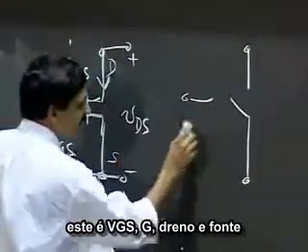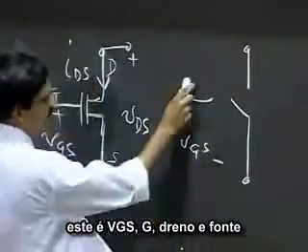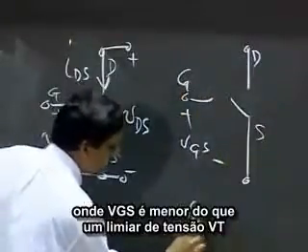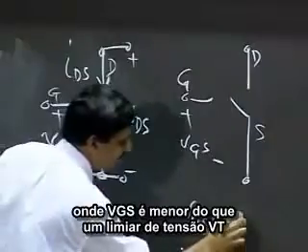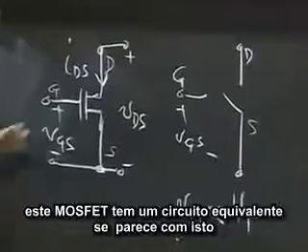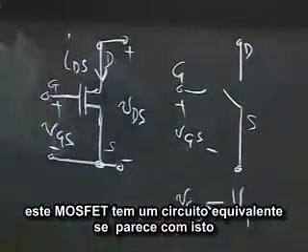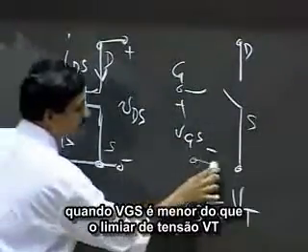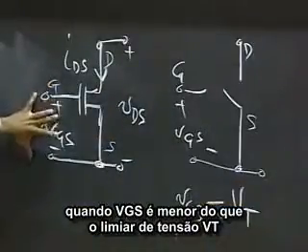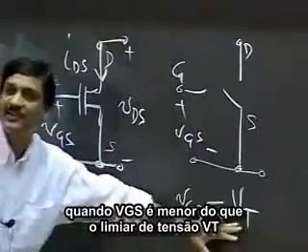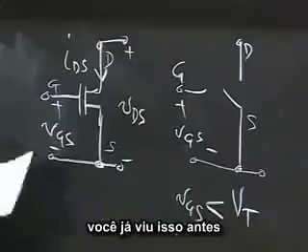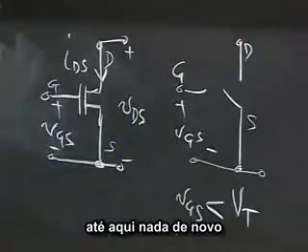With VGS, gate, drain, and source: when VGS was less than a threshold voltage VT, this MOSFET had an equivalent circuit that looked like this. So when VGS was less than some threshold voltage VT, there was an open circuit between the drain and the source. You saw this before, so nothing new here.